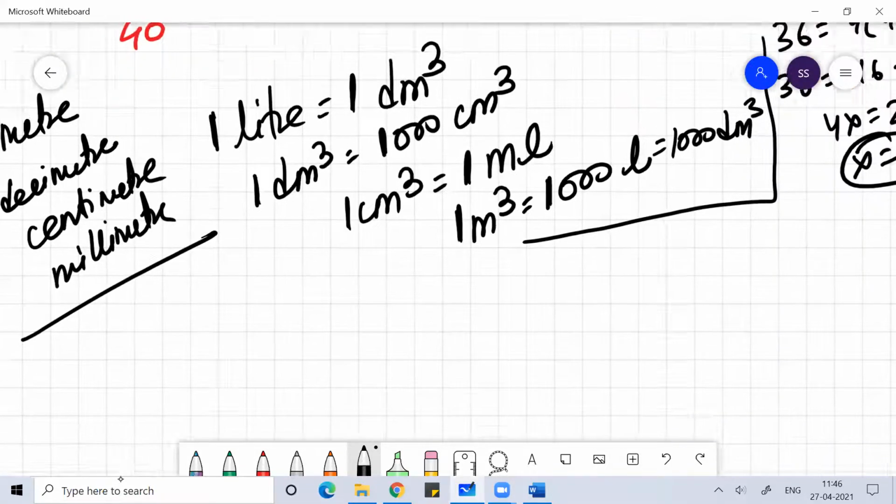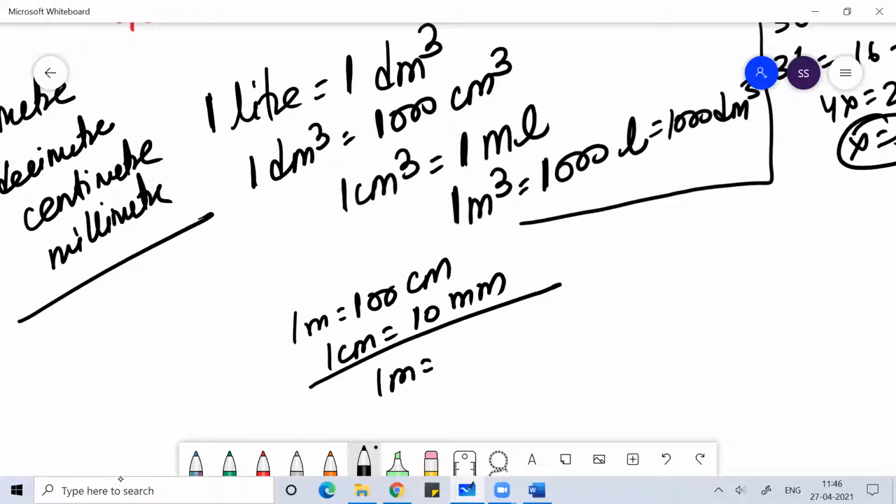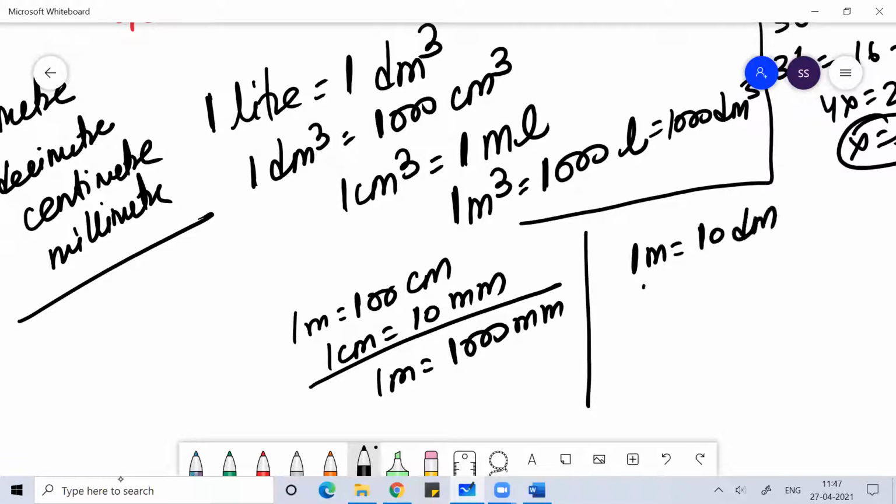These things I think everyone should remember. 1 meter is equal to 100 centimeter and 1 centimeter is equal to 10 millimeter, so 1 meter will be equal to 1000 millimeter. 1 decimeter is equal to 100 millimeter. Keep this in your mind. These are very important units which we may need in our day-to-day life.